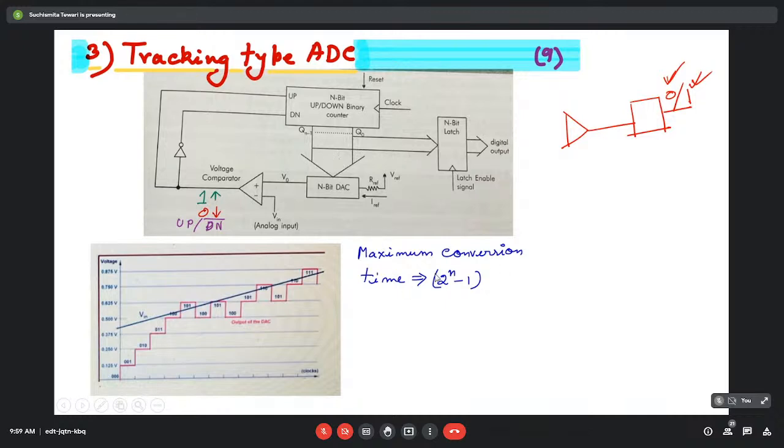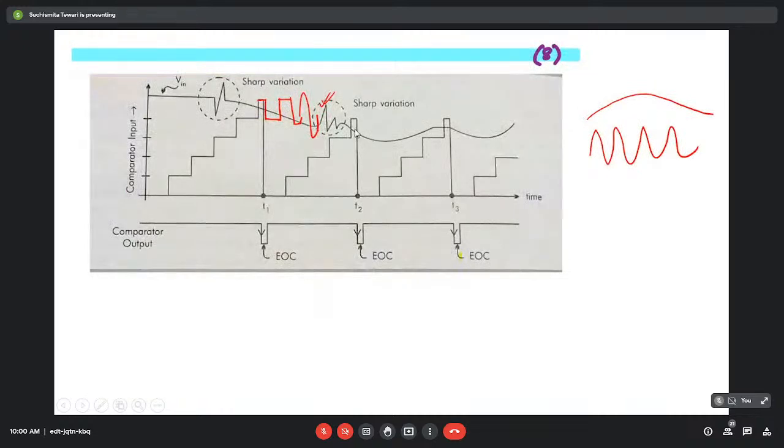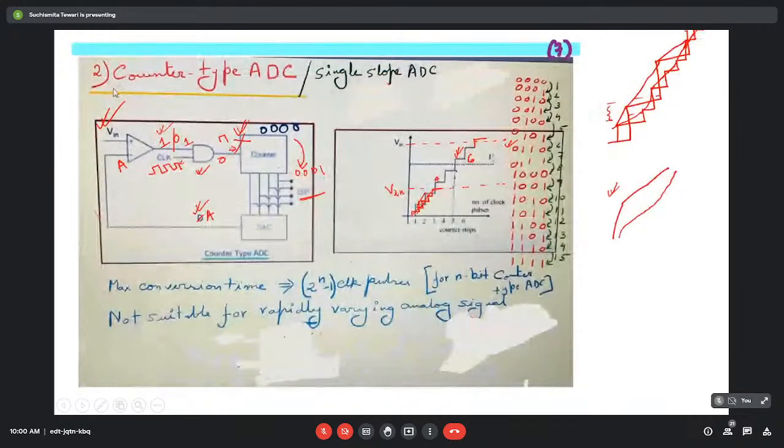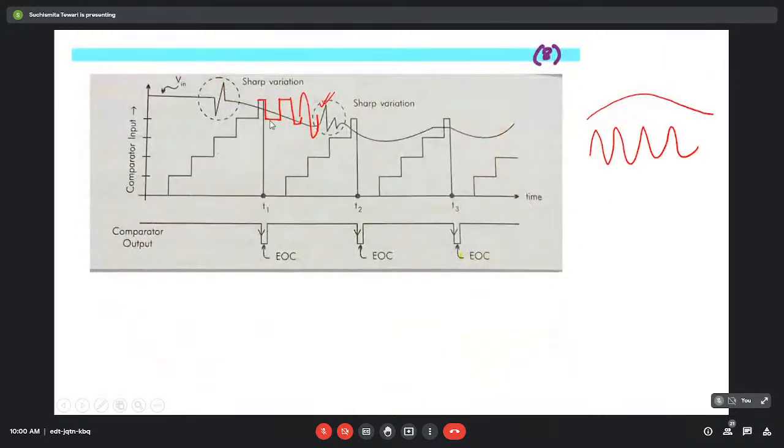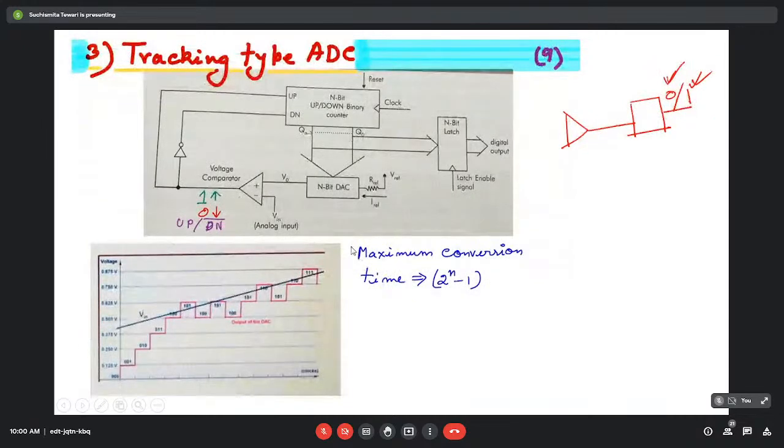So the maximum conversion time will remain the same, 2 to the power n minus 1, and the dependency of this conversion time on the input voltage value also remains the same. Only this problem that has been taking place in counter type ADC, that is this missing out portion, that problem has been reduced to a great degree.